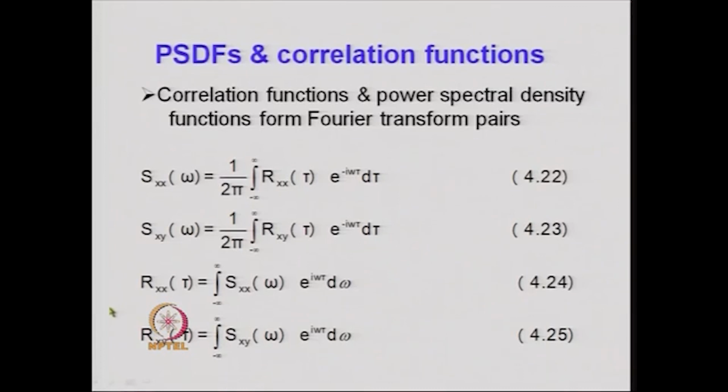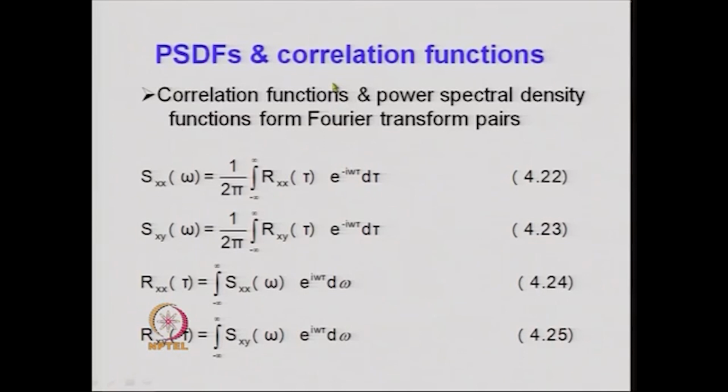We can define it in this particular way if we wish to define it through an ensemble. That means we are no more using what is known as the ergodicity property.